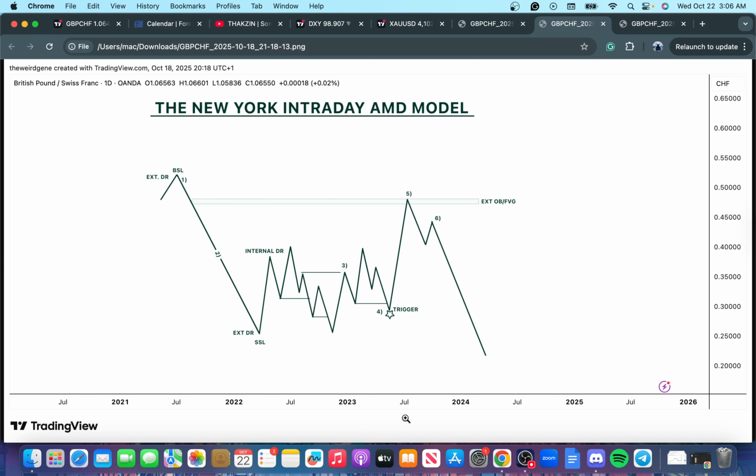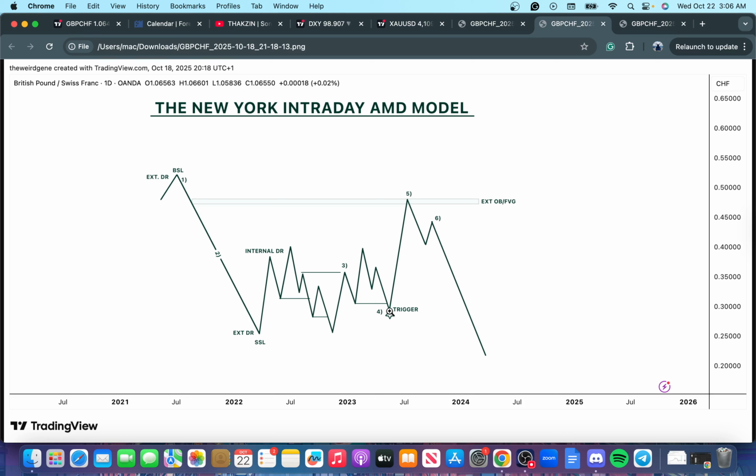So if we're looking to be short on an asset class, typically before that manipulation against internal dealer range liquidity, there is usually a small structure, what looks like a market shift. This typically gets traders who want to align themselves with the short, it gets them more excited to want to chase the shorts.